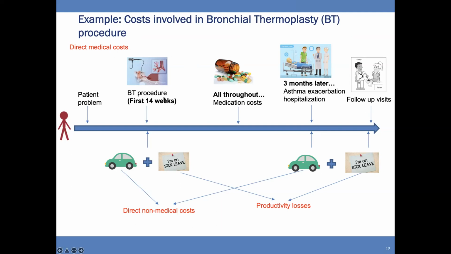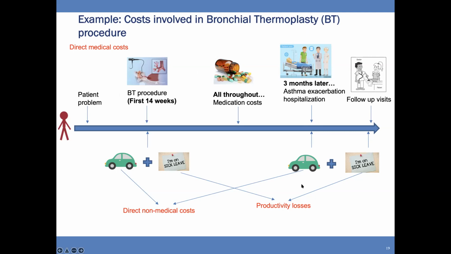Because suppose there are procedures that work very well. However, it requires a lot of follow-up visits over time. So that's actually a cost that you want to take into account. Or if the procedure is very expensive at the beginning, however, it reduces the risk of asthma exacerbation down the road.